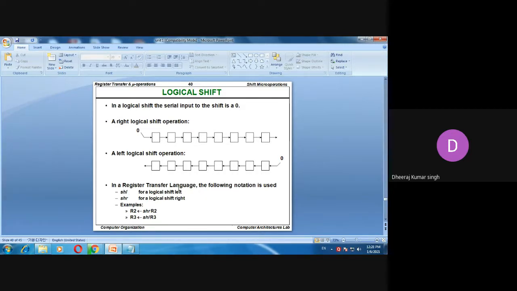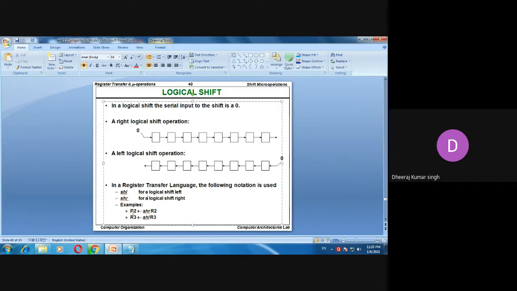In a register transfer language, the following notations are used. SHL and SHR are binary micro operations. SHL refers to a logical shift left, and SHR refers to a logical shift right.